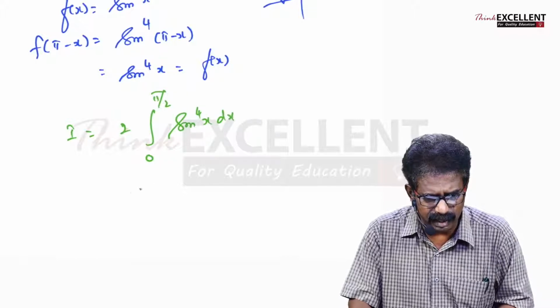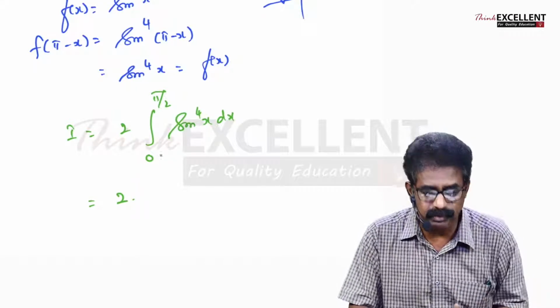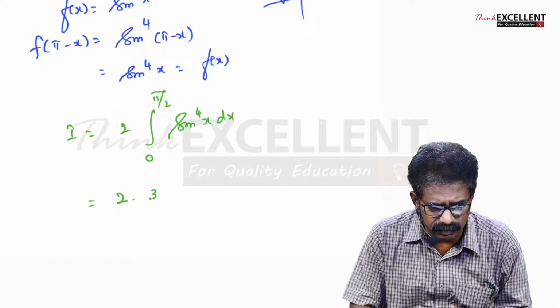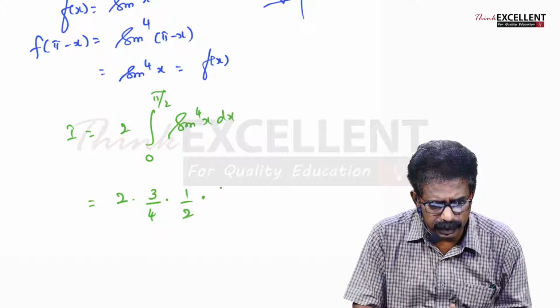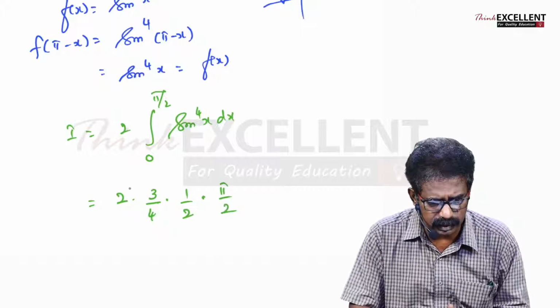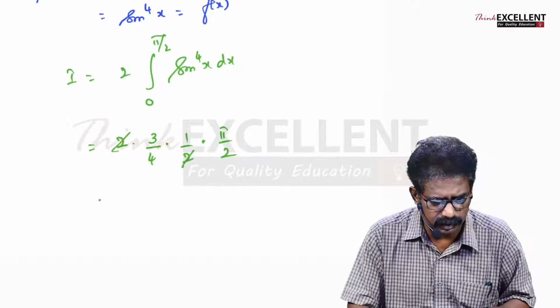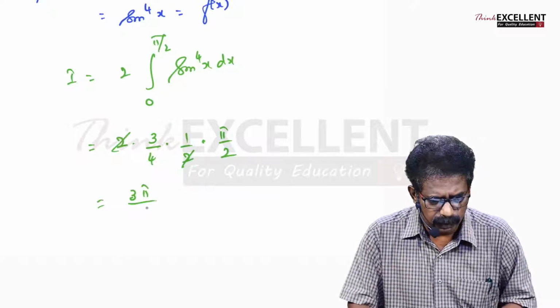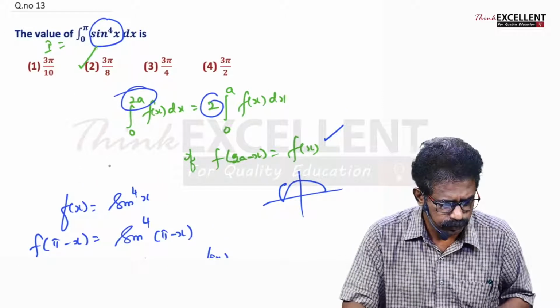Again reduction formula, because this is 2 into 0 to pi by 2. Power is 4. If the power is 4, start with 3 by 4, reduce to 1 by 2. If you get 1 by 2, you write pi by 2, right? Cancel 2. Your answer is 3 pi by 8, and that is option number 2.